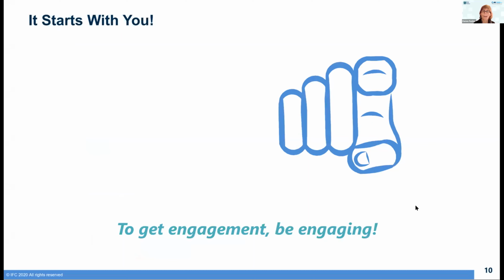As it says at the bottom of the slide, you have to model how you want everyone else to behave. If you do not encourage participation, you're not going to get it. And if you come across as wanting people just to listen to what you are going to say, don't be surprised if that's all they do, as they turn part of their attention back to reading their email or doing something else.